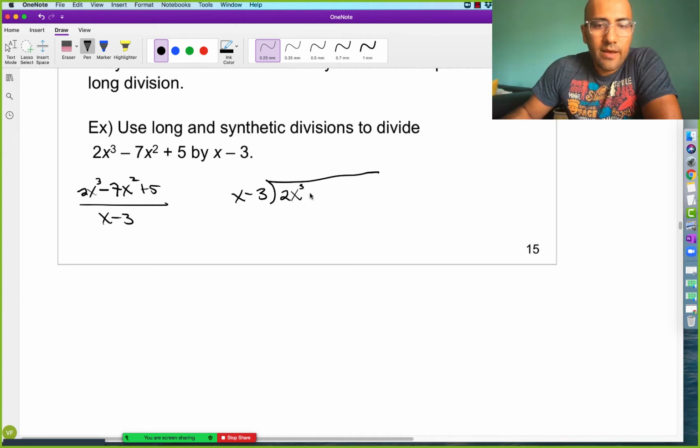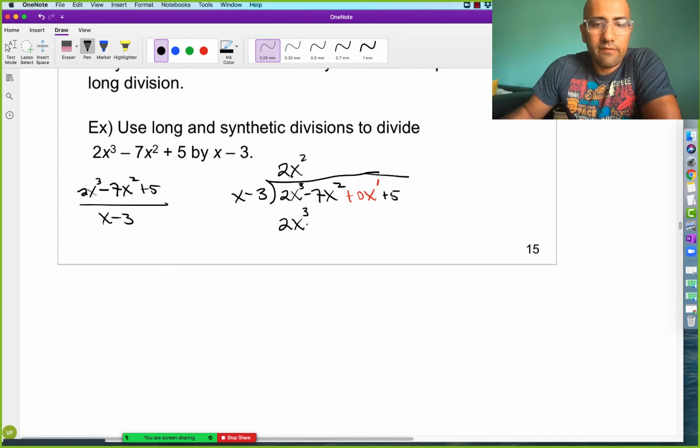Long division is going to give me this. 2x to the third power minus 7x squared. And I'm missing the power of 1, so I have to insert the plus 0x to the power of 1. And then plus 5. Okay, so here I need to multiply by 2x squared to make it identical to this one. That would be 2x to the power of 3.